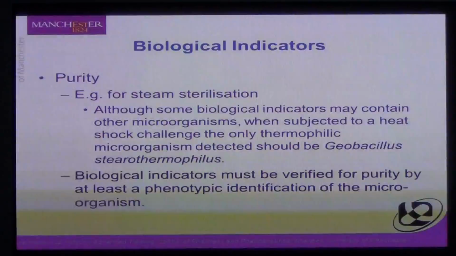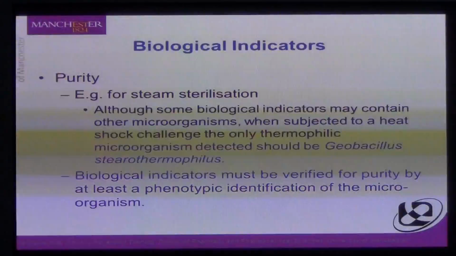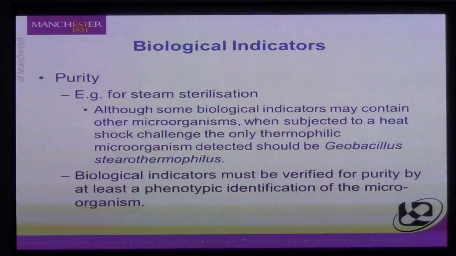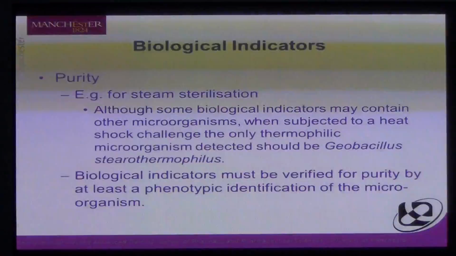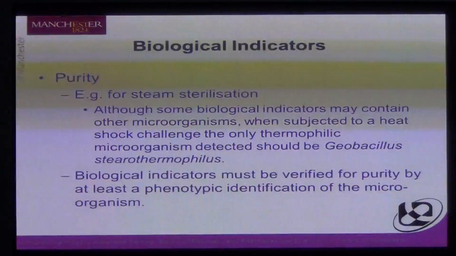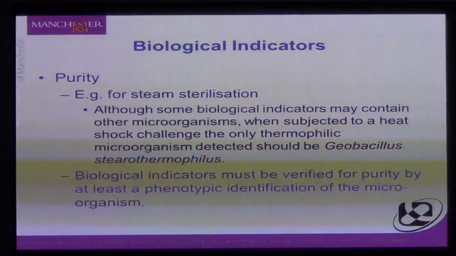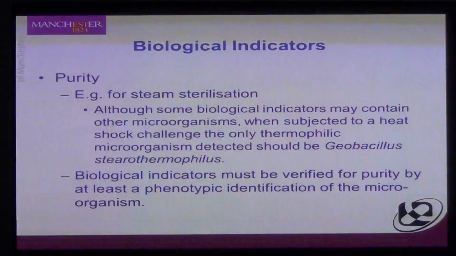So purity: it's not impossible that biological indicators manufactured in the factory will contain other microorganisms, so you need to be sure that the biological indicator you're using only contains the microorganism you want it to contain. For example, if you're using BIs for steam sterilisation, you only want them to contain Geobacillus stearothermophilus, and that's assessed through phenotypic identification.